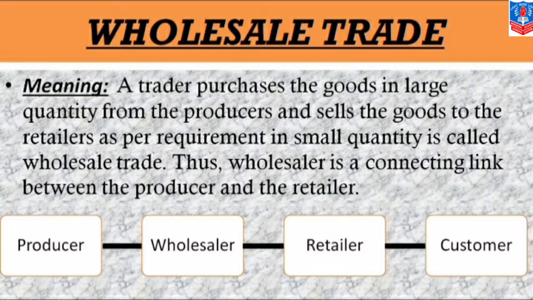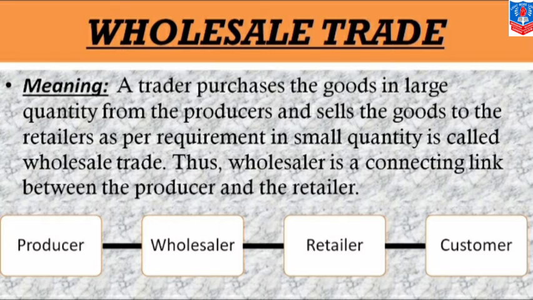Children, now we will start wholesale trade. The meaning of wholesale trade: a trader purchases the goods in large quantity from the producer and sells the goods to the retailer as per the requirement in small quantity, which is called wholesale trade.